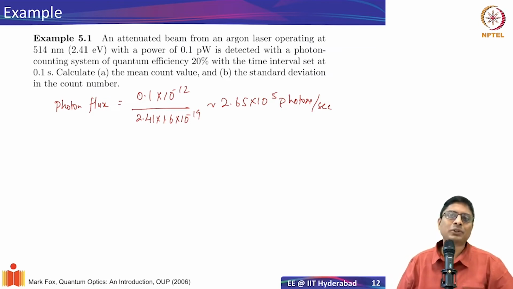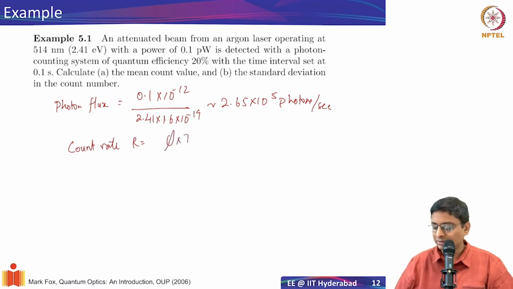This is my calculation. Now, this is my photons incident on the detector, on the counting system. What will be the counts registered? Now, the interval is 0.1 seconds. Small intensity, but the interval is relatively large, 100 milliseconds. So the count R is going to be the photon flux phi times the time interval.